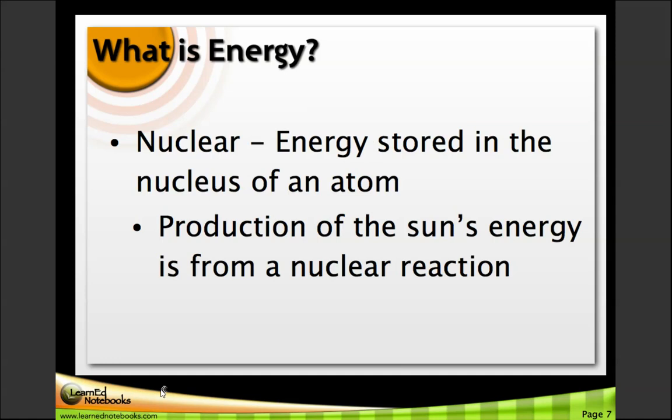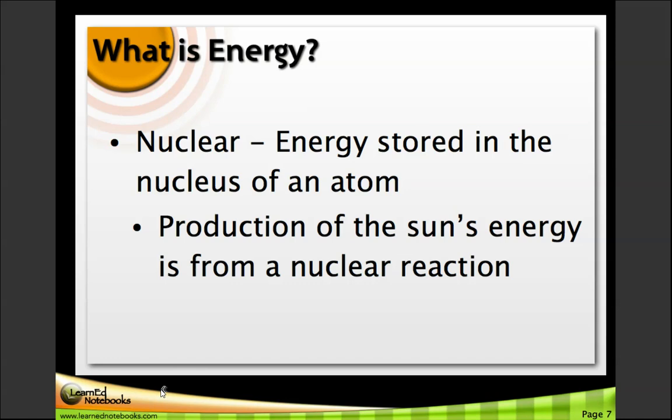Nuclear energy. It's the energy stored within the nucleus of an atom. If you remember from last year, the nucleus of an atom contains protons and neutrons. So, nuclear energy comes from when those protons or neutrons move out of the nucleus of an atom or into the nucleus of an atom, depending on what kind of nuclear energy you're trying to produce.